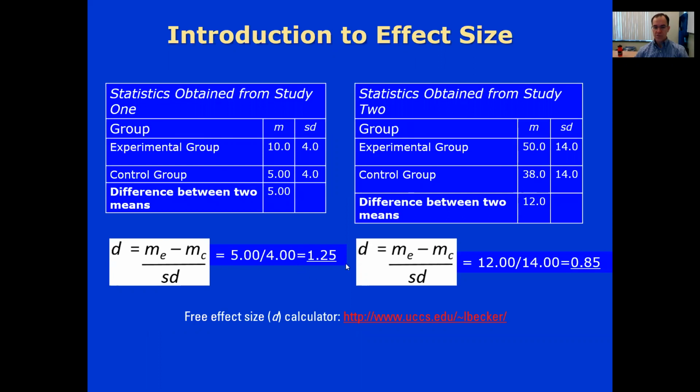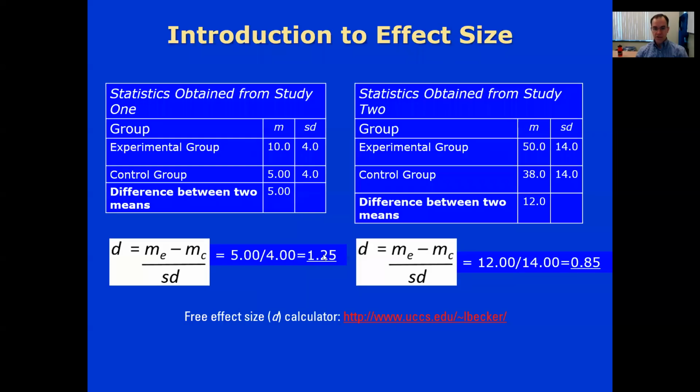Looking at this, you would assume there might be a difference in the effect size of study 1 versus study 2. However, what needs to be considered is whether the scale used was the same between study 1 and study 2. A 1 unit difference here may not be the same as a 1 unit difference there, and what might be seen as the difference between the two means could simply be that the scales were different.